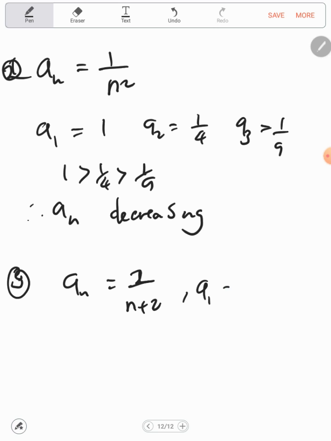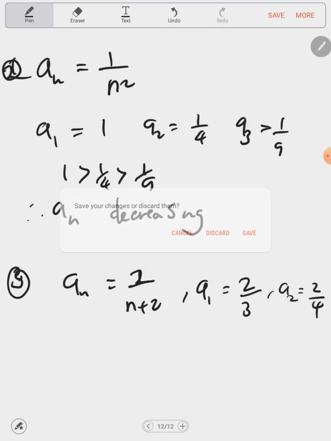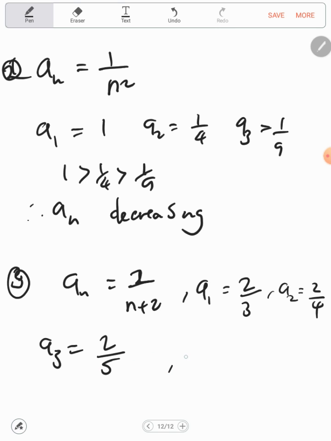Here a_1 is 2 over 3, a_2 will be 2 over 4, a_3 is 2 over 5. So again here we have 2 over 3 being greater than 2 over 4, greater than 2 over 5. So a_n is decreasing.